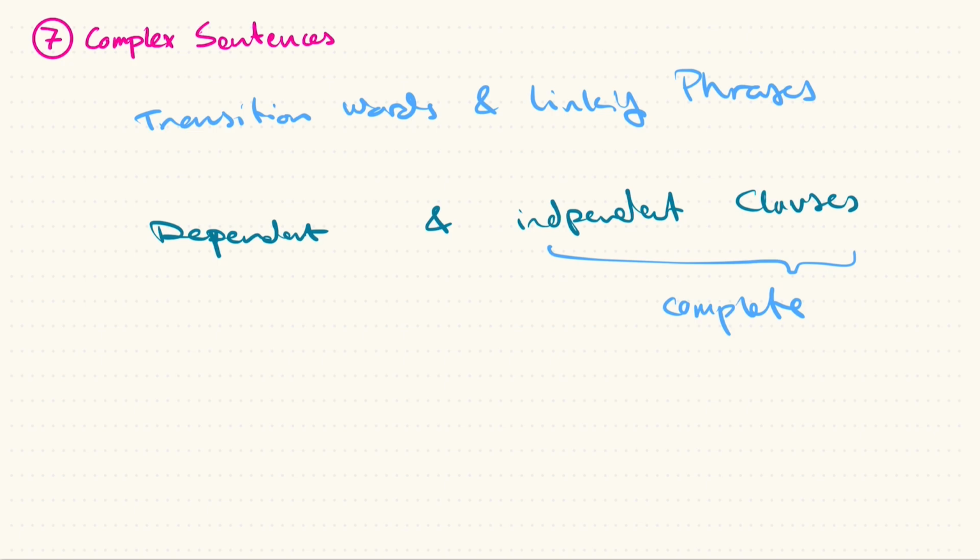When you put it together and present it as a sentence, it's a complete sentence. It might be a little bit short, but in the meaning, it is complete. However, on the other side, the dependent clause is incomplete. It means that by itself it doesn't convey the entire message. It's not a finished thought.